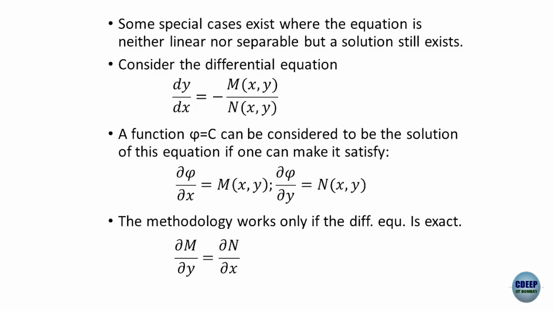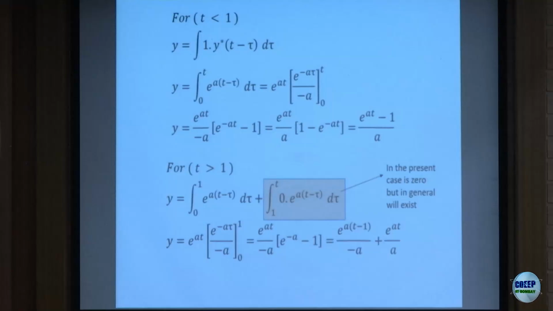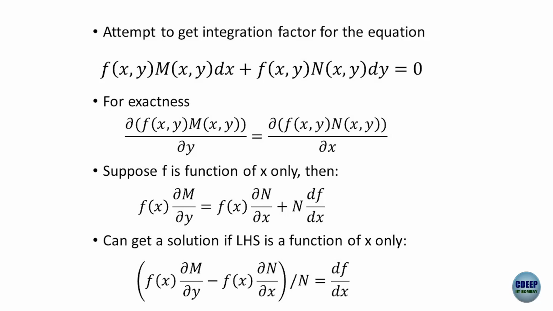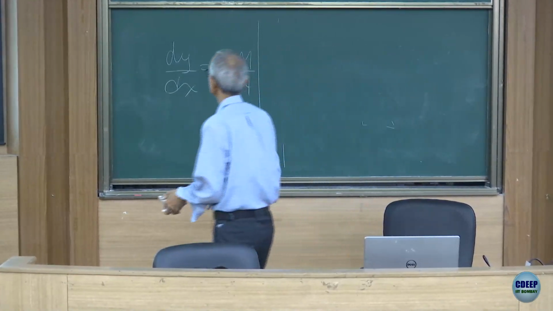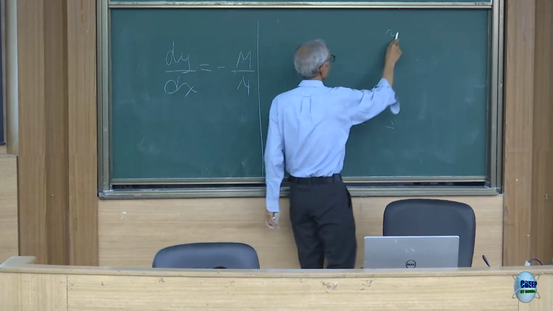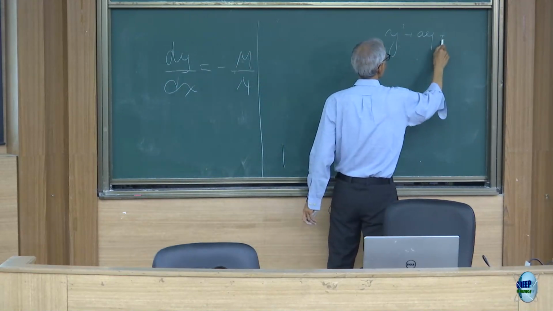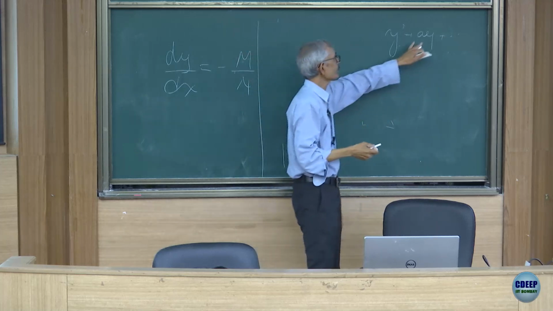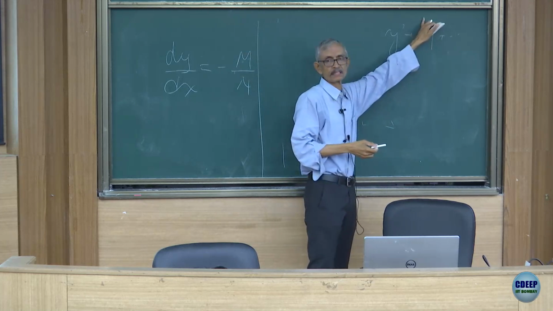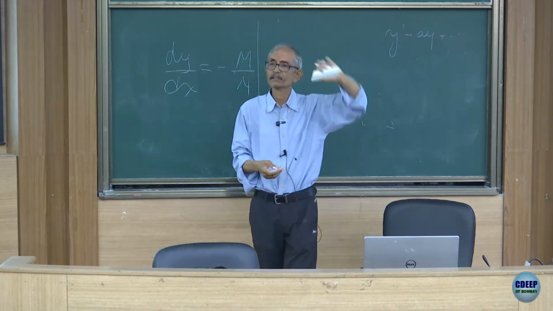So this is the equation that we are starting out with, and we are saying that we would like to know somehow if there is a factor. Remember, we had an integrating factor when we were looking for the solution to a first order equation, right? When we had y prime plus ay plus something is equal to 0, then what we said was we would take e to the power of integral a dt, and that was my integrating factor, right?